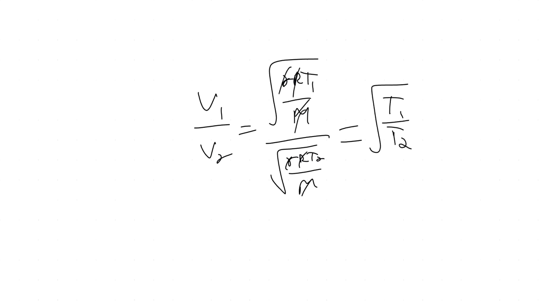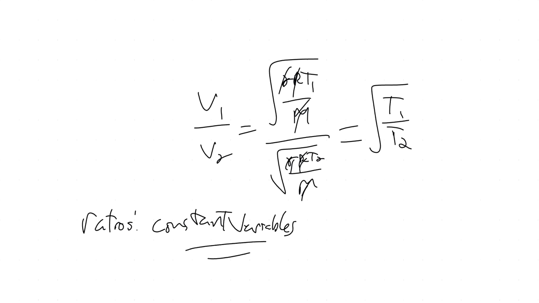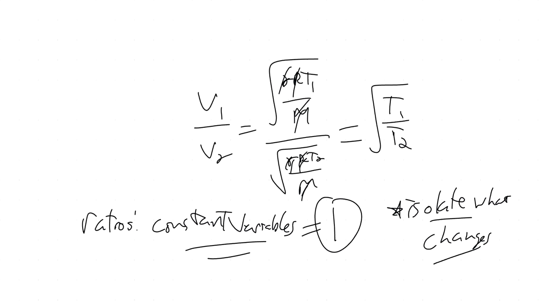So for ratios, constant variables, they don't have to be constant. They could be variables that are not changing, or anything that's not changing turns into one, right? And then you isolate what changes. And then you plug in the change, then you plug in the proportion.